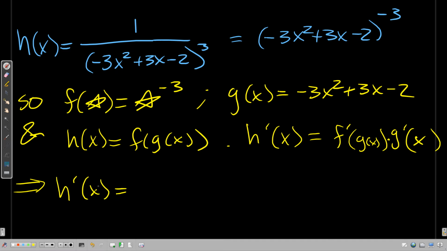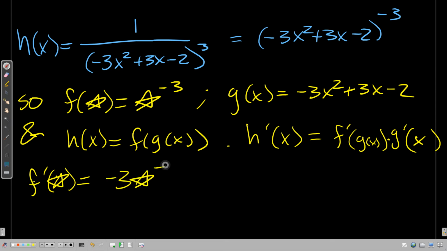So then h prime of x has got to equal, well, oh, I guess I need to do f prime. I haven't done it yet. f prime was minus 3 star to the minus 4, and g prime was minus 6x plus 3.